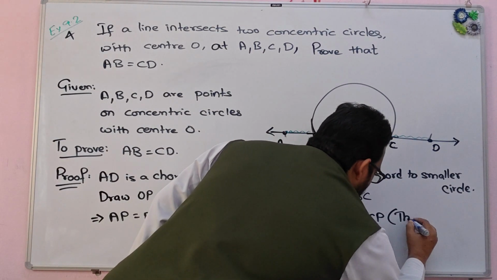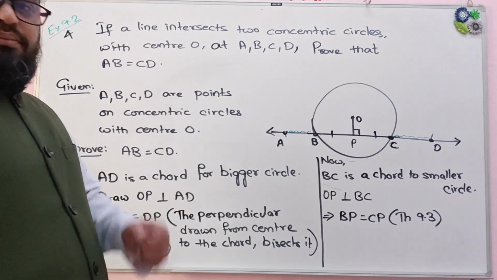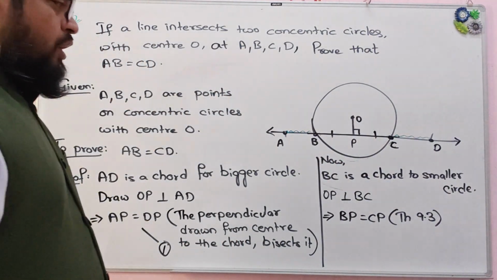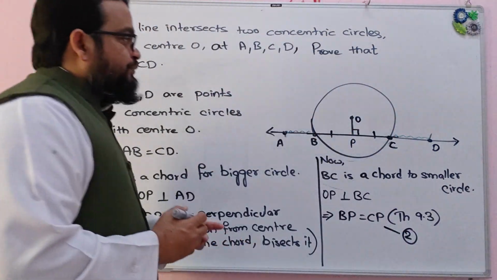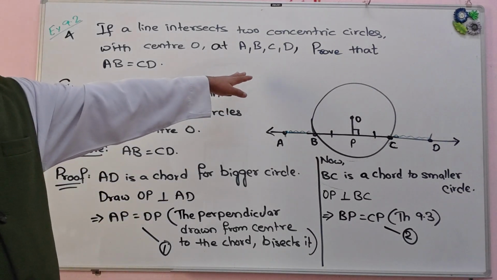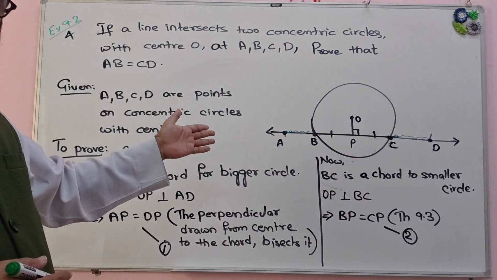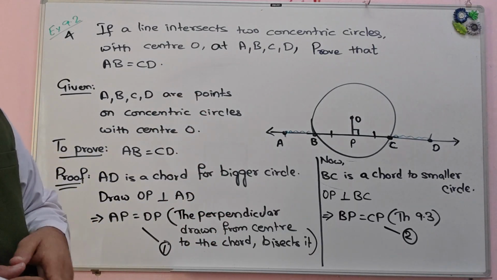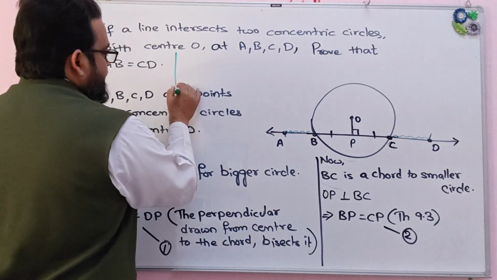What is the reason? Theorem 9.3, which we have stated above. Let us take this as the second equation. Understood? I don't have place, so I am writing in the empty space, but whenever you are copying it in your notebook, please copy one below the other.